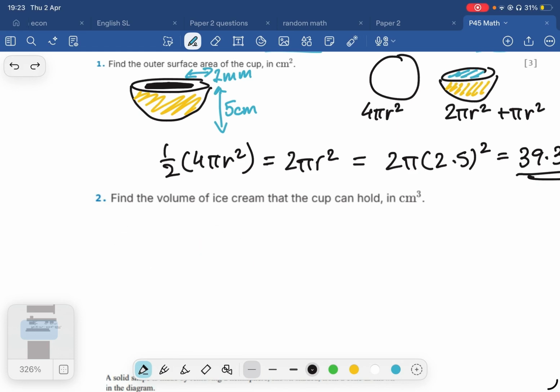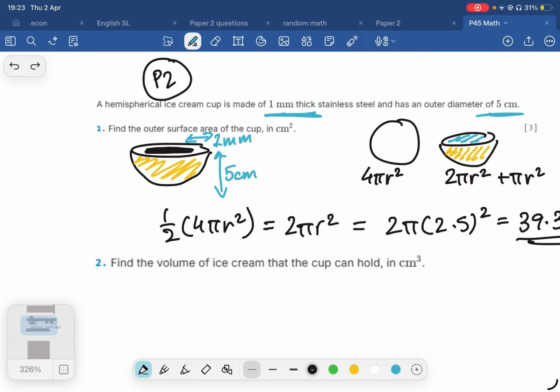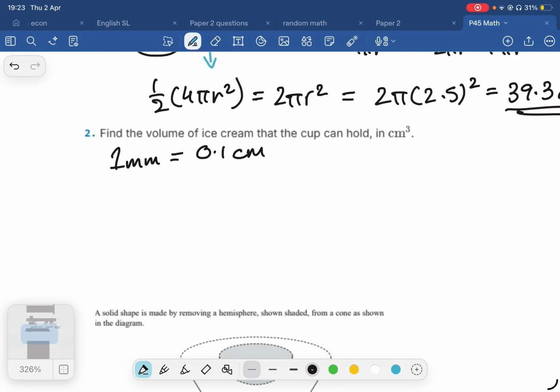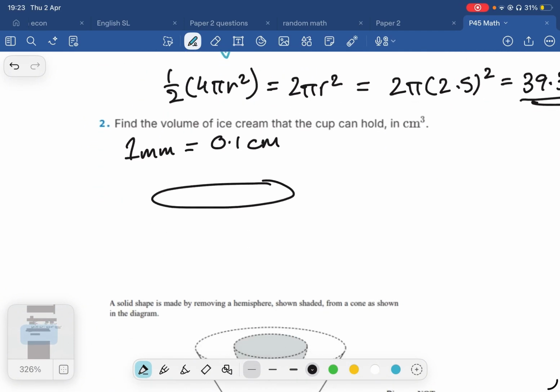Well, they give us the thickness of the steel of 1 millimeter, and 1 millimeter equals 0.1 centimeters. So if you have the full solid, the full ice cream cup here, the radius is 2.5.